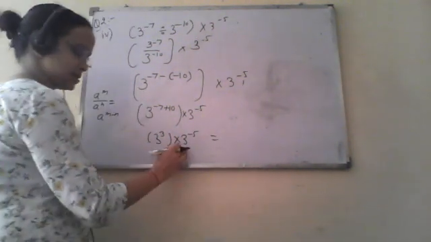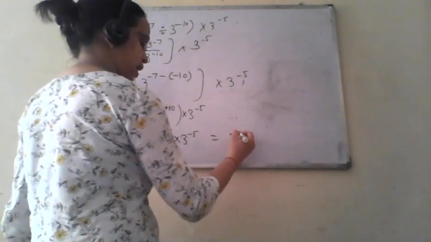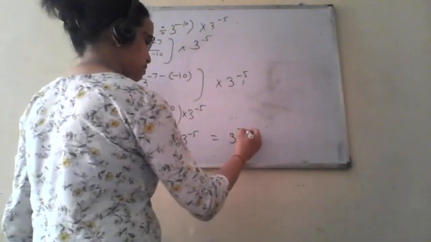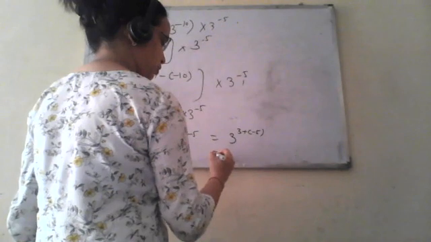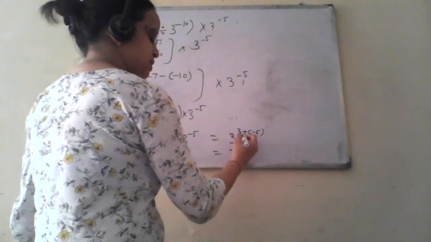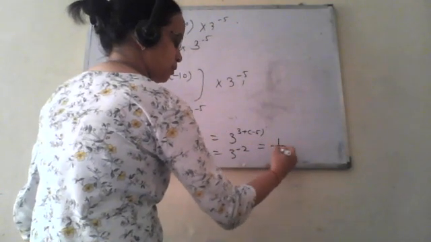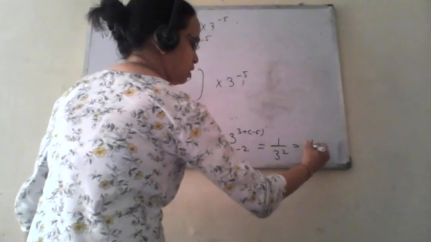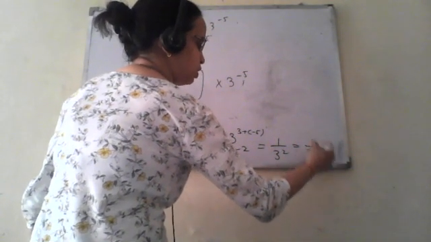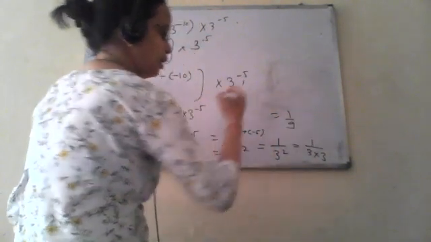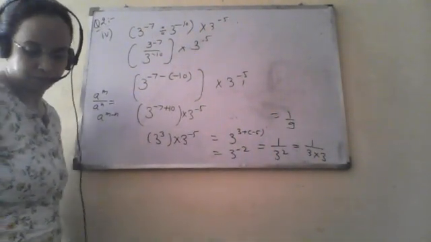So bases are same. Powers will get added up. So it will be 3 to the power plus 3 minus 5. It is minus 2. It can be written as 1 upon 3 to the power 2, or 1 upon 3 into 3, which is equal to 1 upon 9. Clear?